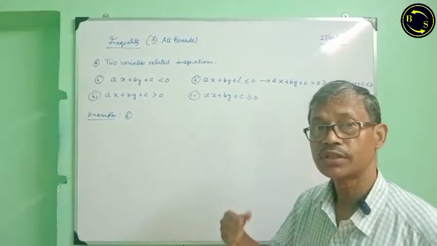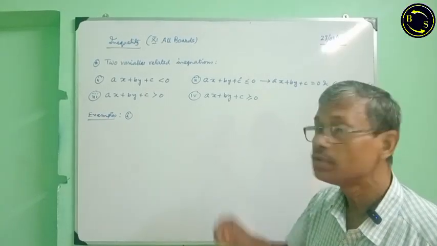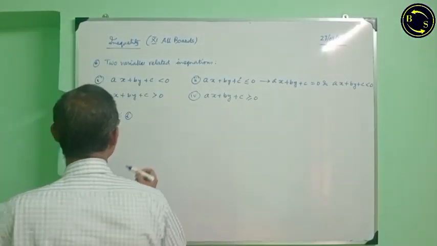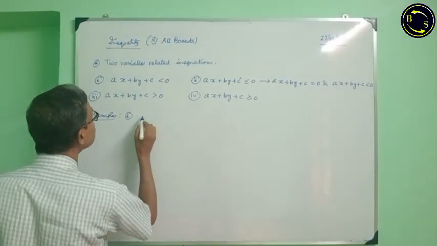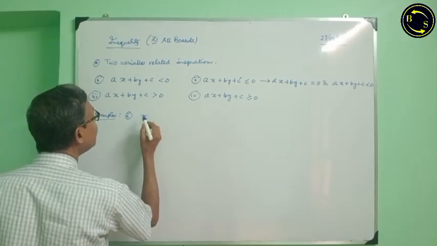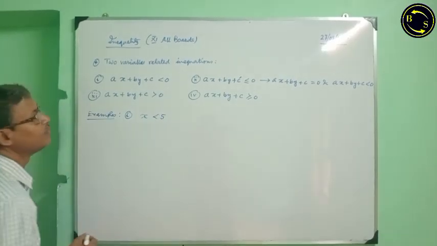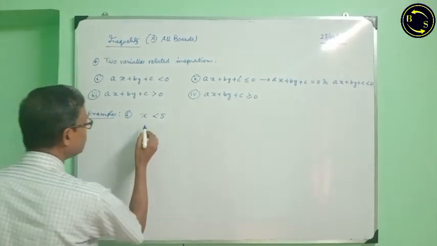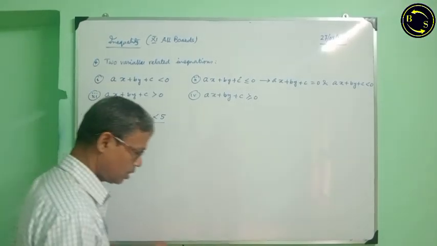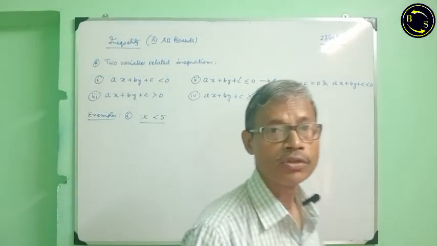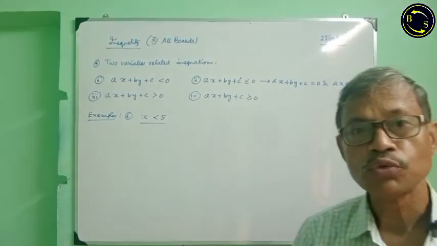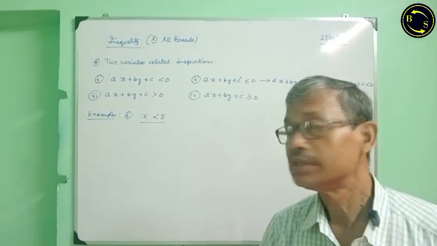For that, I first consider one variable cases. Say x less than 5. How to represent that on the xy plane, that means two-dimensional plane?